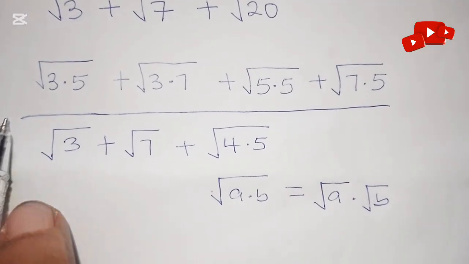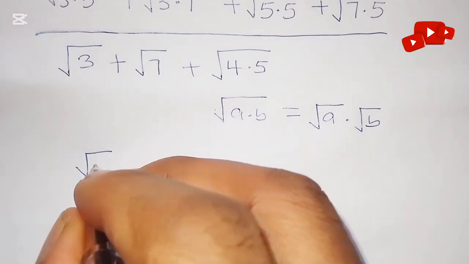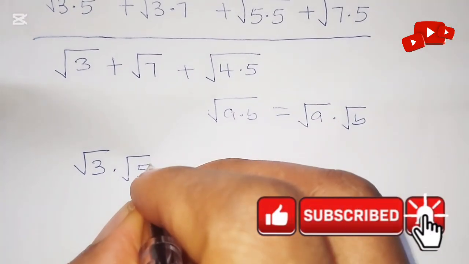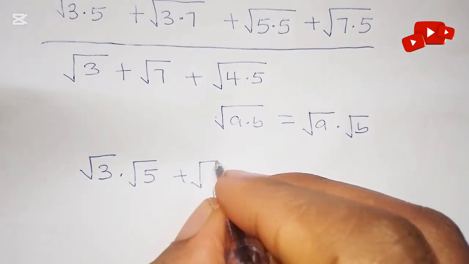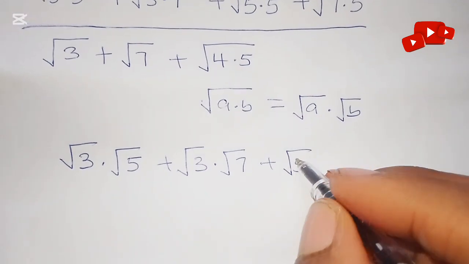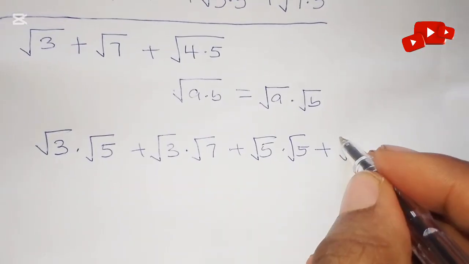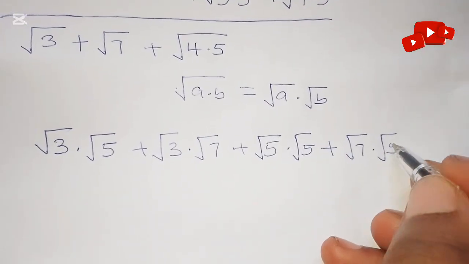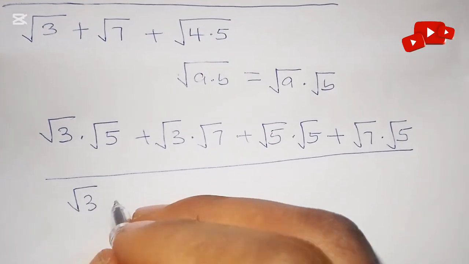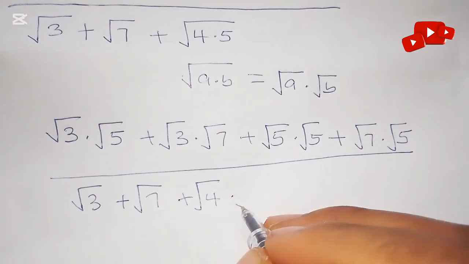So we're going to express this using that, and that gives us root 3 times root 5, plus root 3 times root 7, plus root 5 times root 5, plus root 7 times root 5, all over root 3 plus root 7 plus root 4 times root 5.